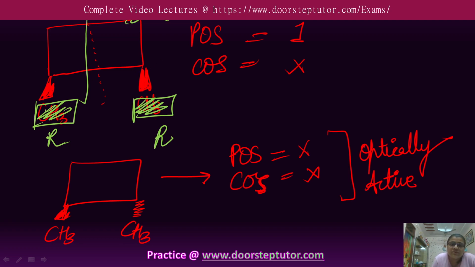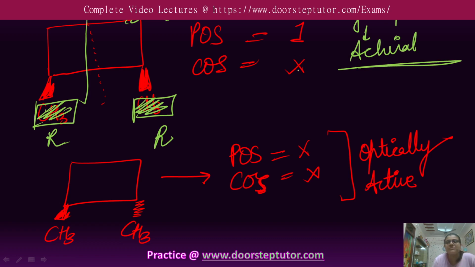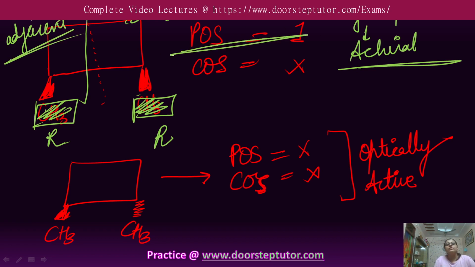If the same group in the same stereo is present on adjacent carbon atoms, then the compound is achiral. You have to remember this because it makes your stereochemistry learning easier. Then you have to consider it as achiral, because a plane of symmetry is always passing.